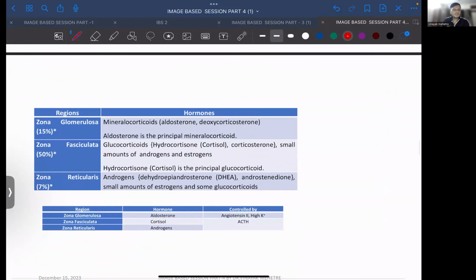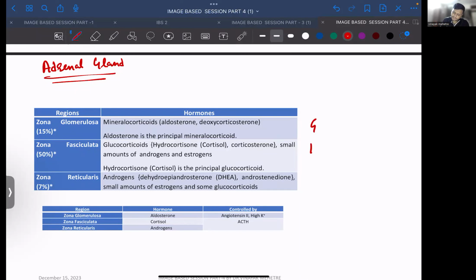Then comes, कौन सी ग्लैंड है? Anyone? Zona glomerulosa, zona fasciculata and reticularis. Of course, it is the adrenal gland. Adrenal gland. Question comes in physiology. Zona glomerulosa produces what? Okay, how to remember?